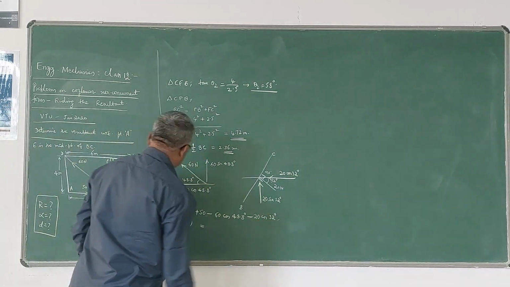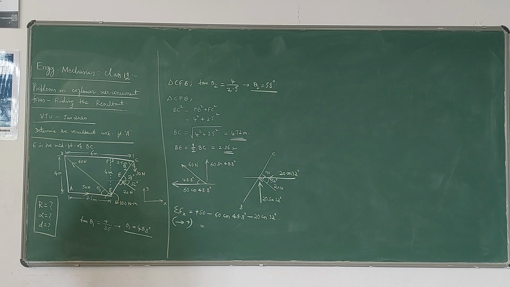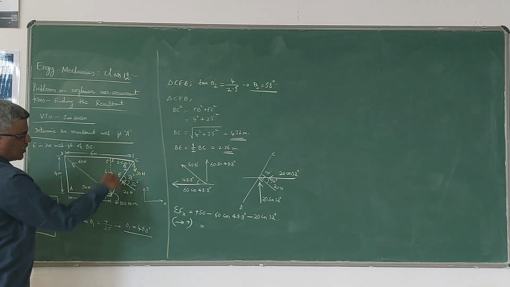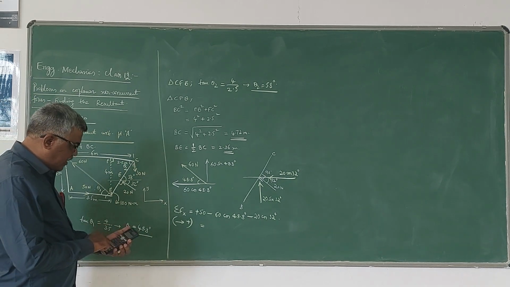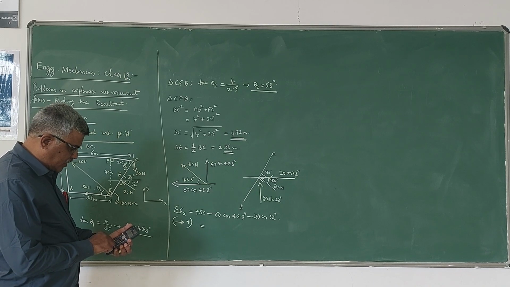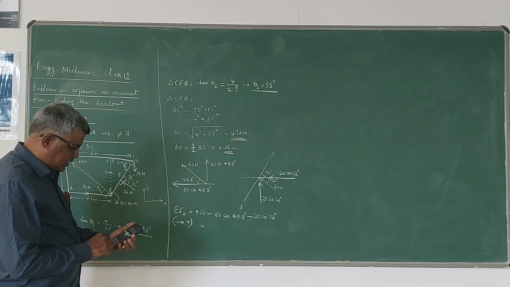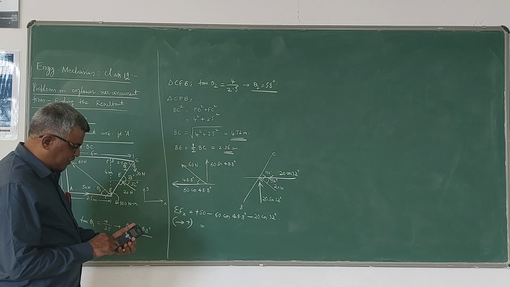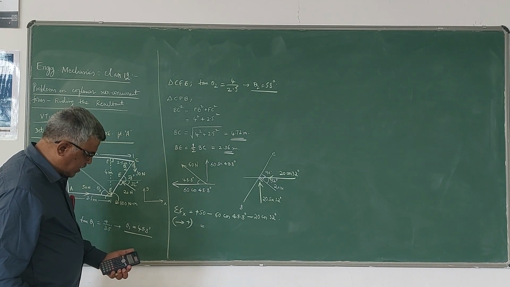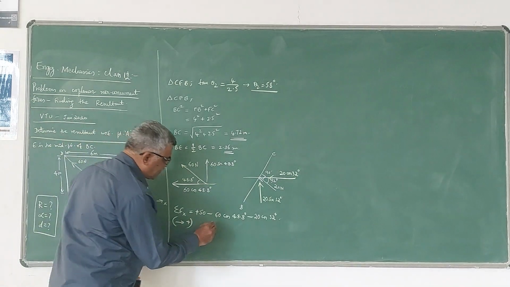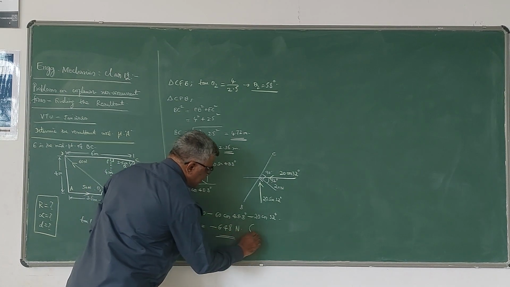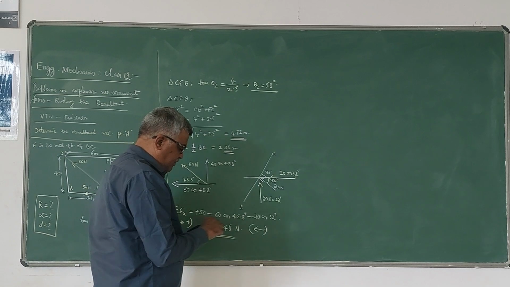So if you simplify, 50 minus 60 cos 48.8 degrees minus 20 cos 32 degrees is equal to minus 6.48 Newtons. The negative sign indicates that sigma Fx is acting towards left.